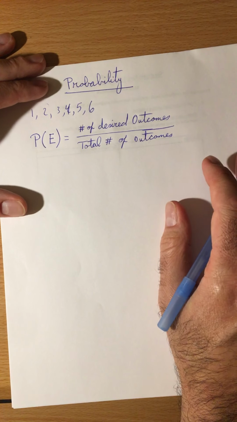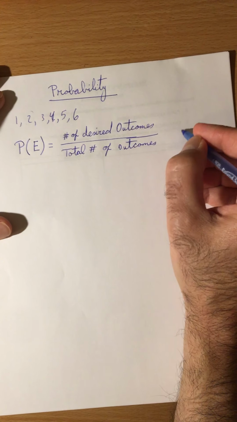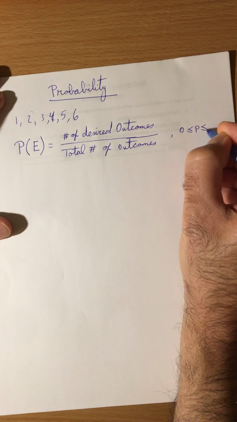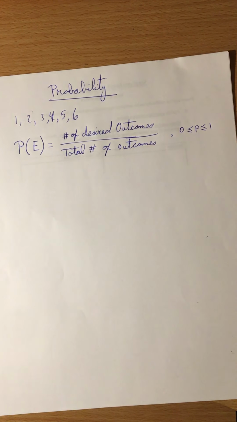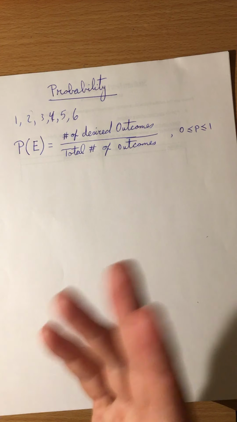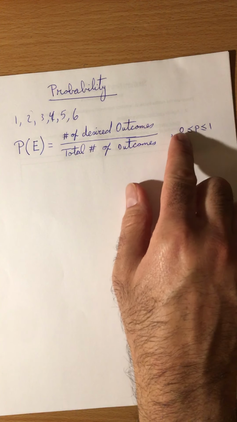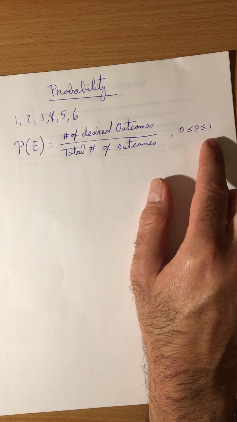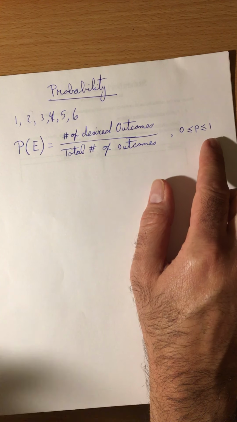Now, probability is always a number between 0 and 1. You can define it in percentages, in decimals, in fractions, but it's always between 0 and 1. A probability of 0 means the event is not going to happen. A probability of 1 means the event will happen for certain.